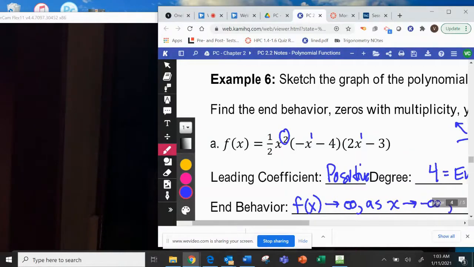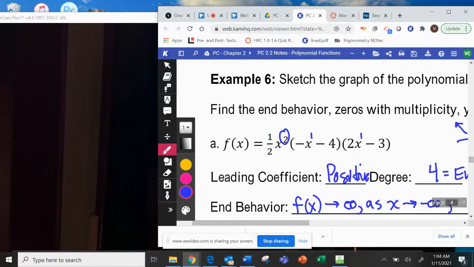All right, let me type this equation in. All right, I typed the equation in.